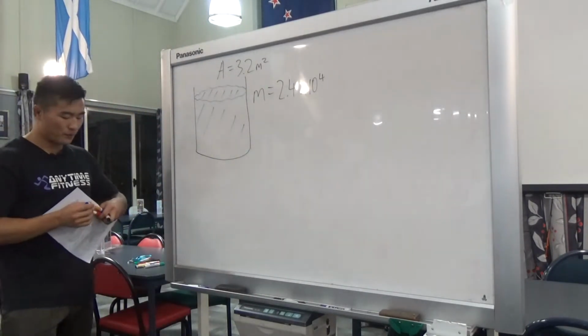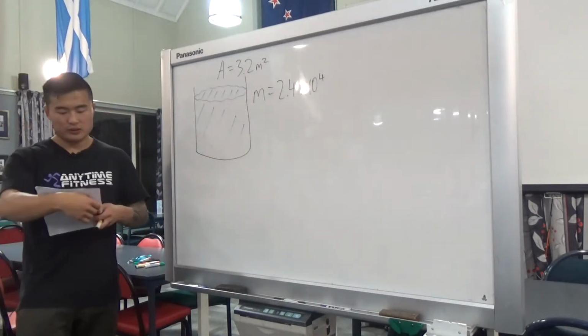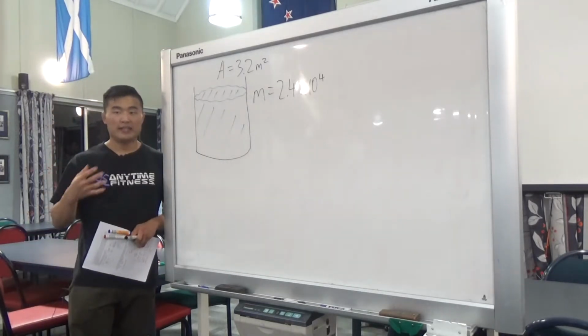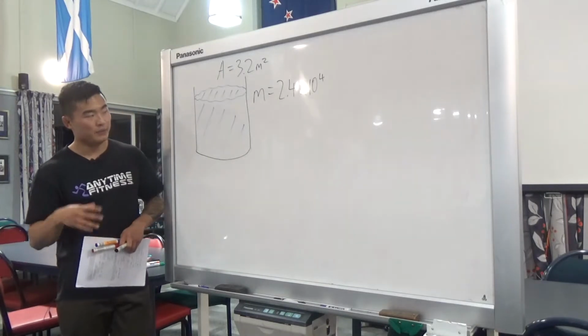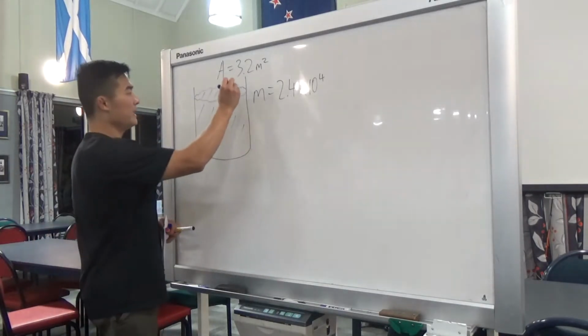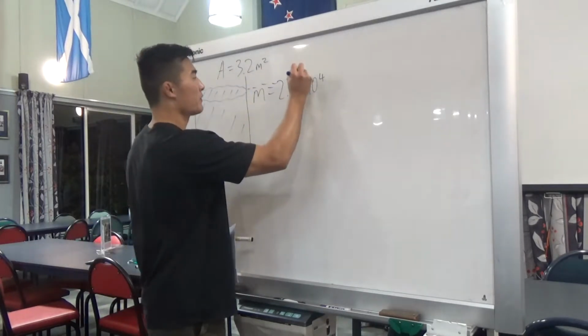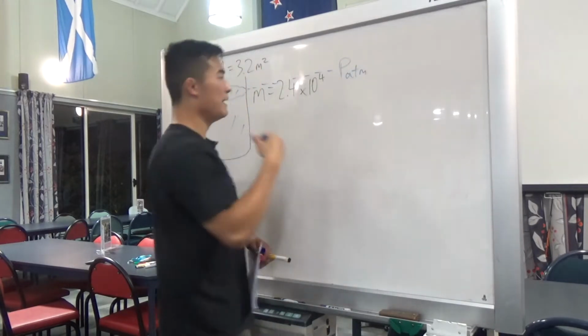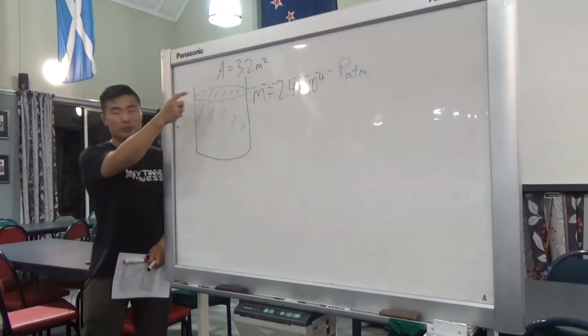Okay, so we want to know the gauge pressure. So the gauge pressure is how much more than the atmospheric pressure the pressure is. So at this point here, at the surface of the water, the pressure is atmospheric pressure, right, because it's open to the atmosphere.